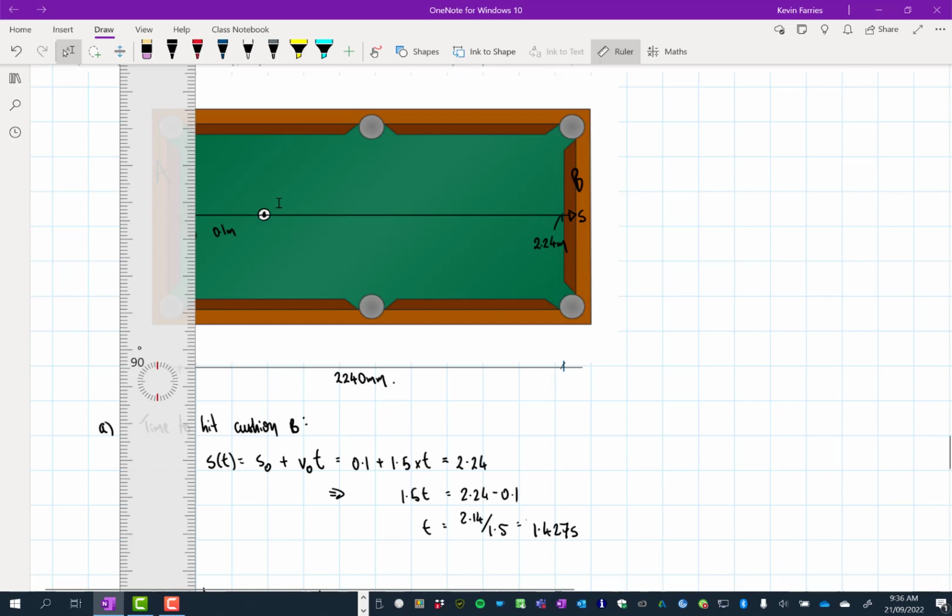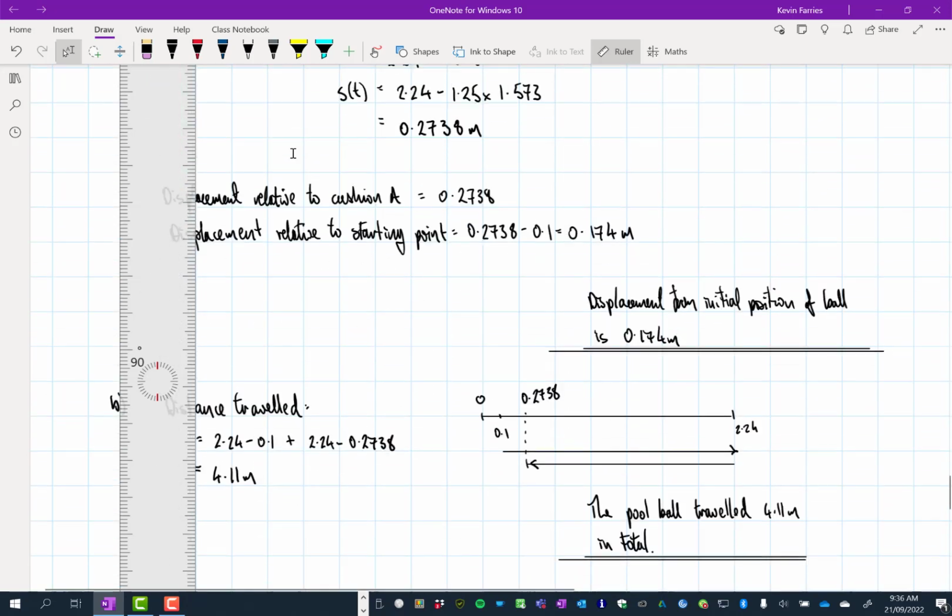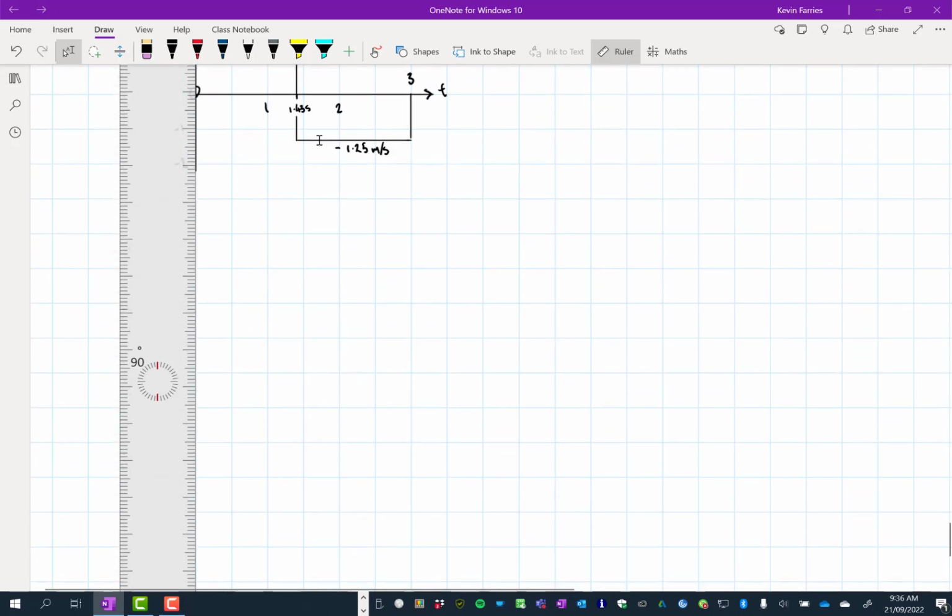We should be taking it relative to this starting position because the question didn't tell us about that. So really, I shouldn't have changed this to 0 and 2.24. I should have kept this as 0, but that's okay. Just have to be careful with that. So we're going to have 0 here, so we could go positive 2.24 and negative 0.1. So 1, 2, 3, 2.24, negative 1, maybe something like that.